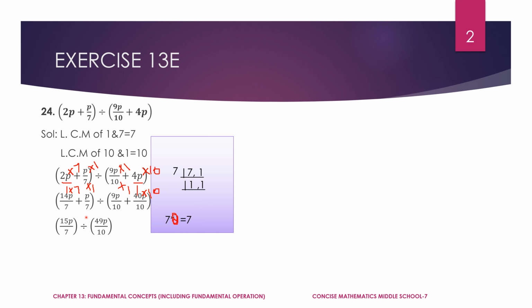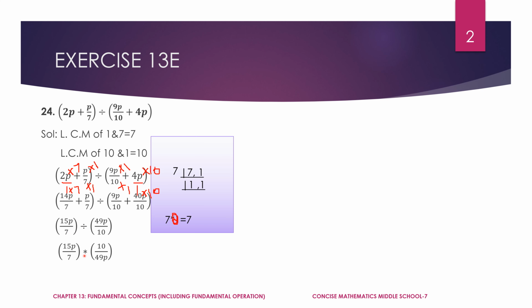This division will become multiplication, and the first fraction remains the same. 15p by 7 remains the same, and only the second fraction will become its reciprocal. That is, the denominator will become the numerator and the numerator will become the denominator.